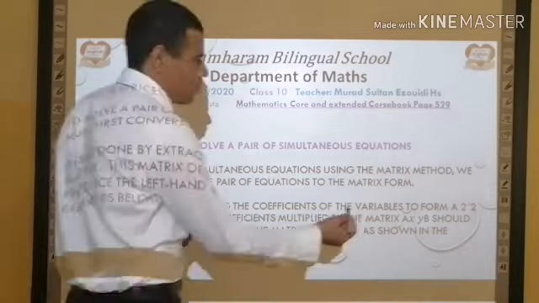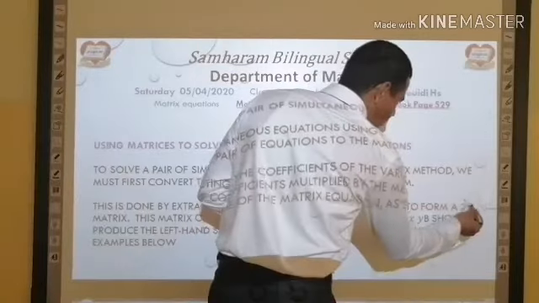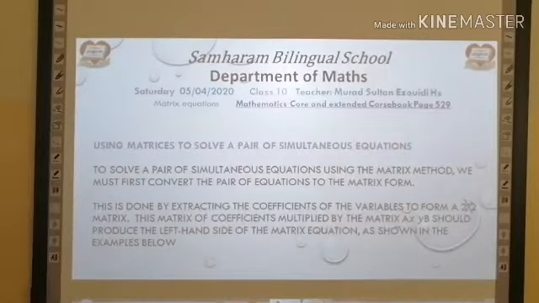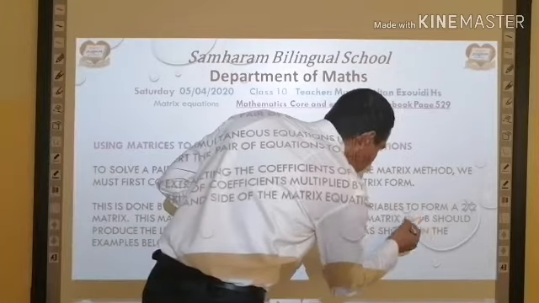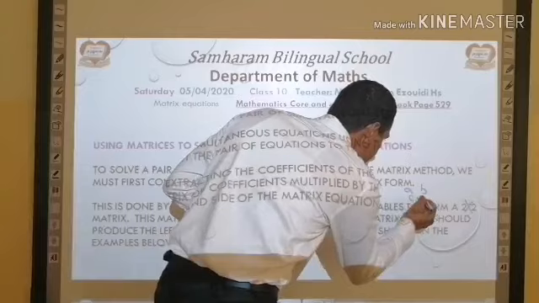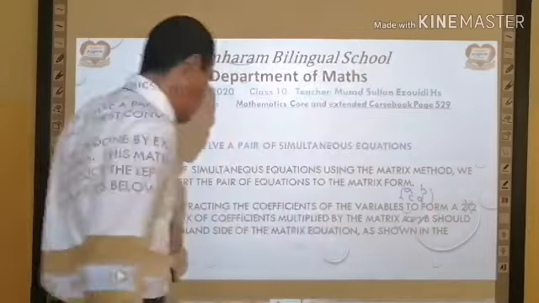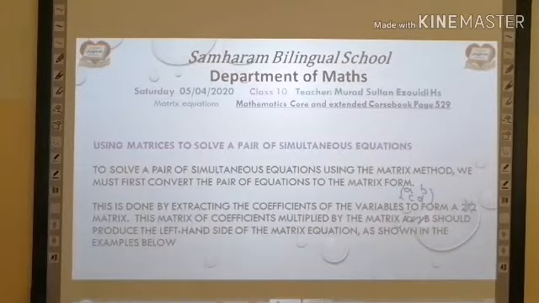This matrix of coefficients, multiplied by the matrix of the variables, should produce the left-hand side of the matrix equation as shown in the example below.